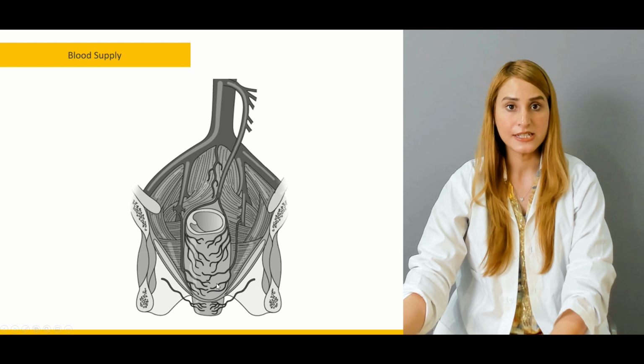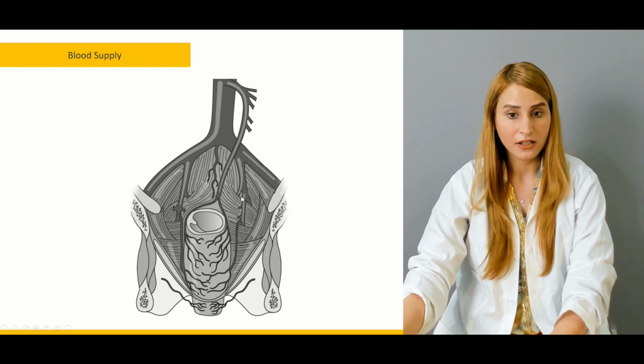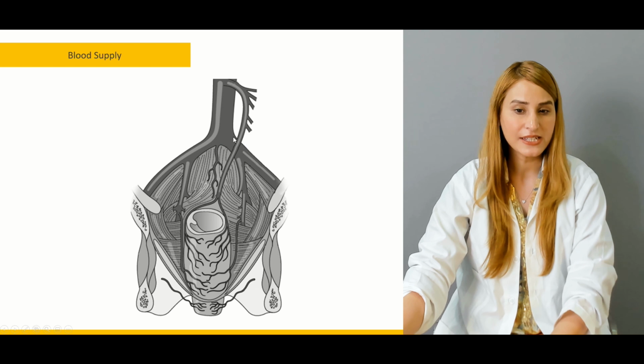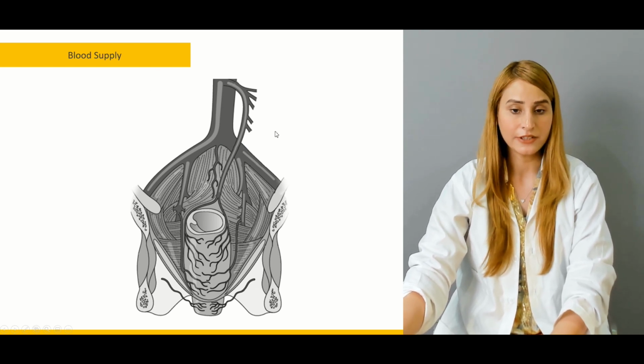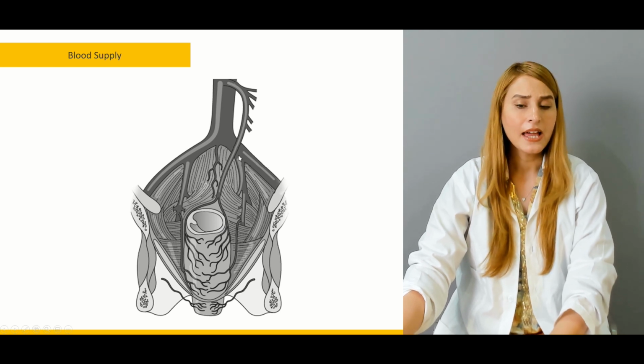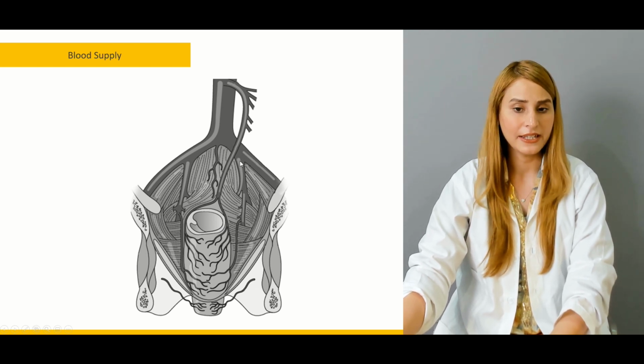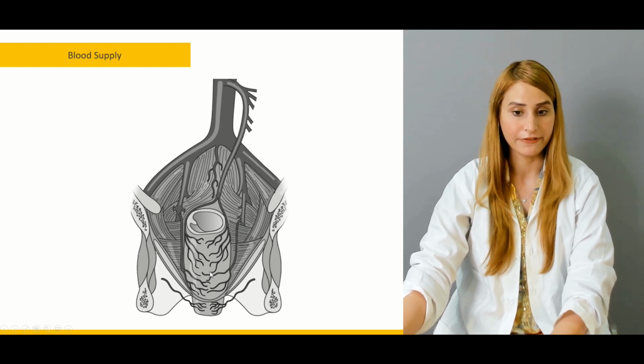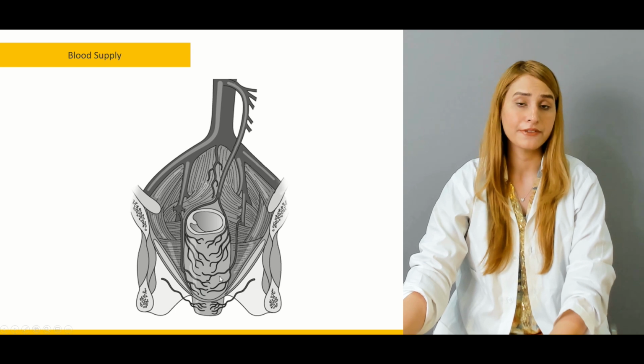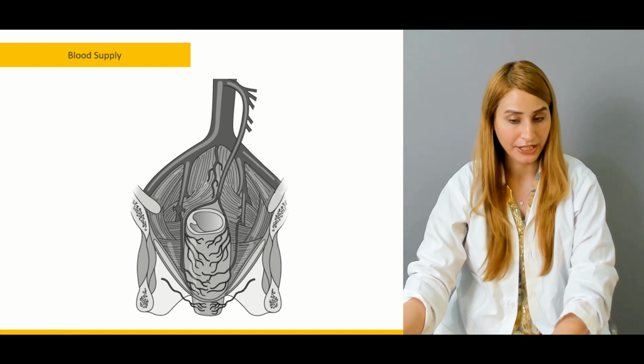The middle part is supplied by the internal iliac: you can see the right and left common iliac, and each common iliac divides into the external iliac and the internal iliac. This internal iliac supplies the middle part of the rectum, and the lower part of the rectum is supplied by the internal pudendal artery.